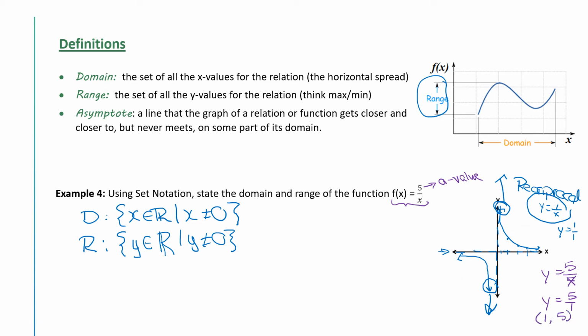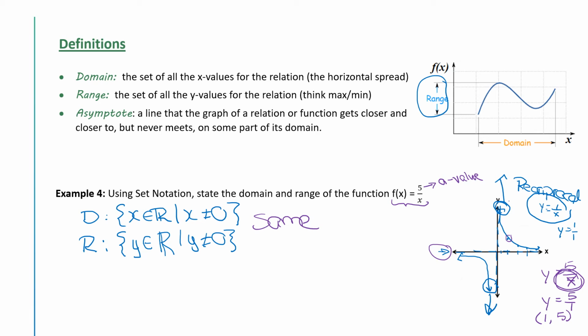So instead of 1, 1, which was this one, I'm going to be 1, 5. So everything's going to be stretched, but we still have the restriction on our denominator. X still can't be 0, and this asymptote here is not going to change either, so we're still going to have y equals 0. So we have the same domain and range that we had before.